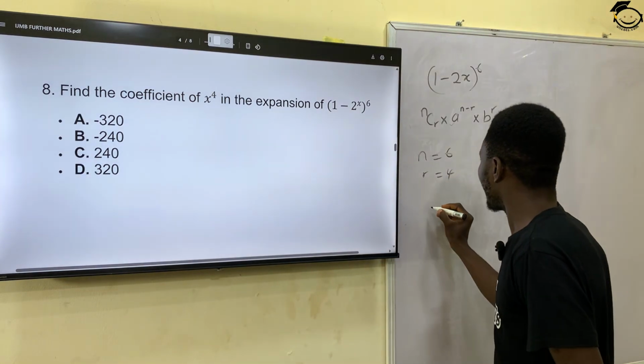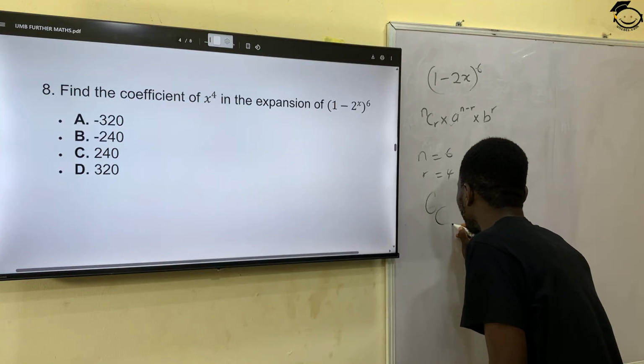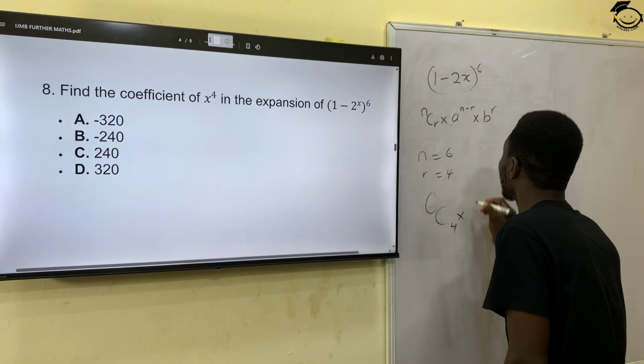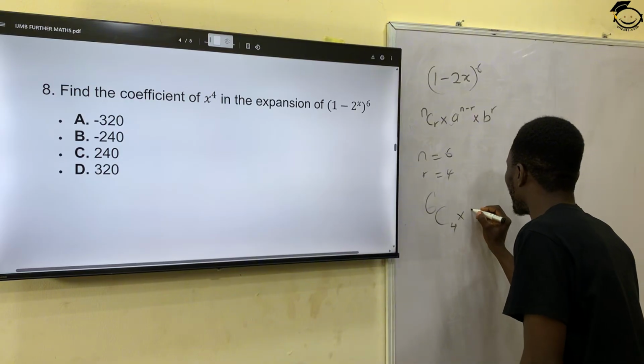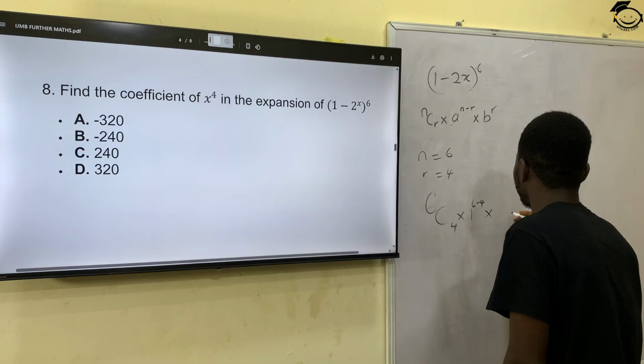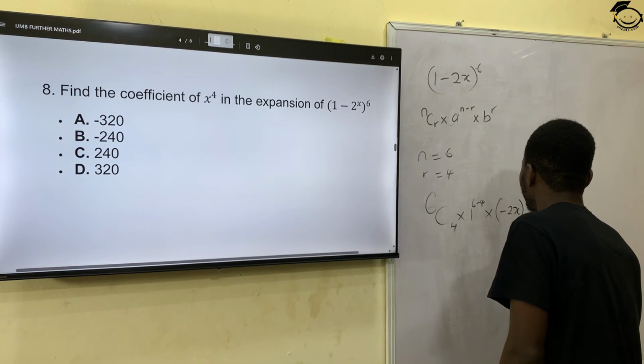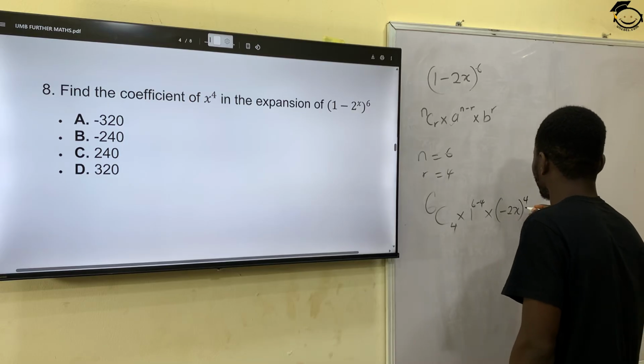So this means that I have 6 combination 4 times my a here is 1, so I have 1 raised to power 6 minus 4 times my b here is minus 2x, so I have minus 2x raised to power 4.